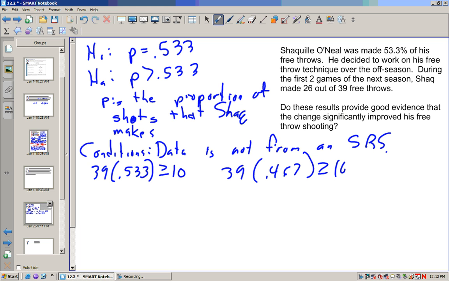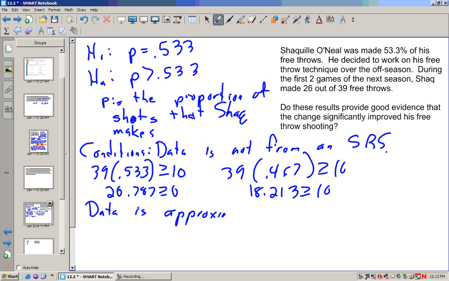Well, on the left-hand side, 39 times 0.533, that's 20.787. That's greater than 10. 39 times 0.467, that's 18.213. And that's greater than 10. So we have evidence that the data is approximately normal because of this.